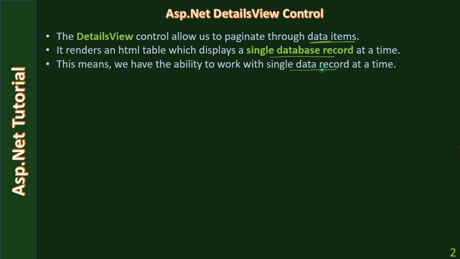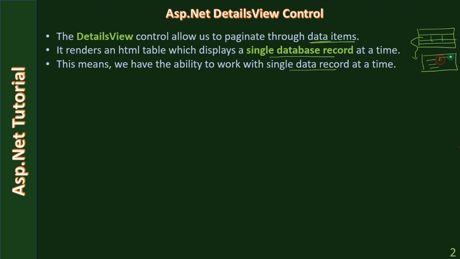That means if a table contains, say for example, 4 records, the DetailsView will pick one record and display that in a tabular format. Let's say that it has 3 columns.